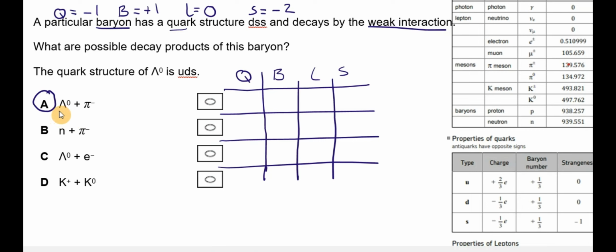This first possible answer has this sigma 0 and this pi minus. So first of all, we can look at the charge.